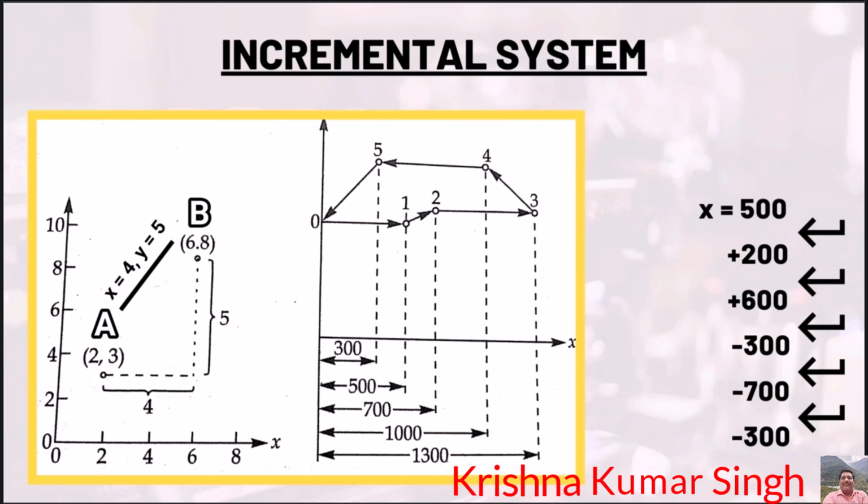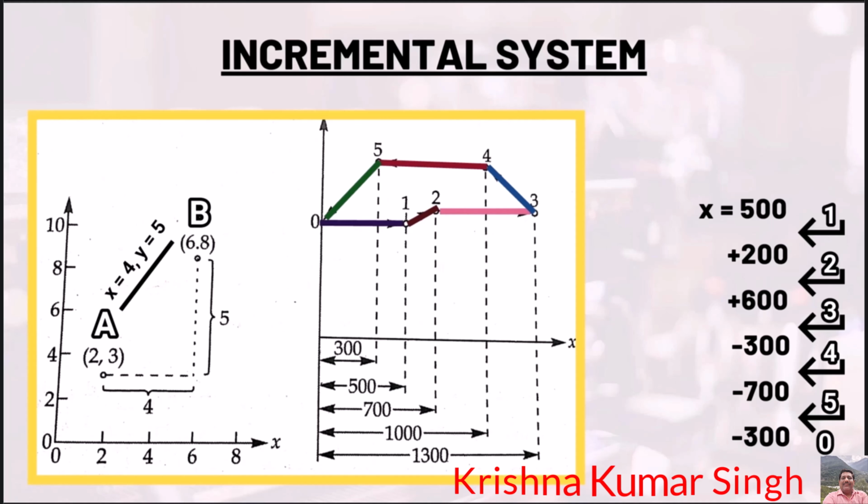Now, for drilling 5 holes at 5 different locations, the commands for the x direction would be 500, plus 200, plus 600, minus 300, minus 700 and minus 300.